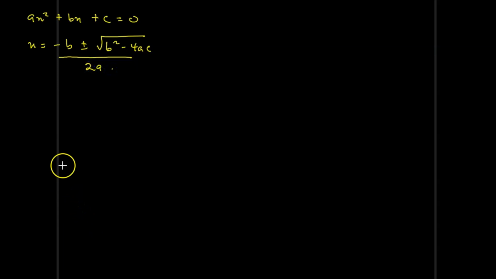So someone may ask, how was this rule deduced? And that is what I'm going to show you right now, so that we also know how to apply it and when to apply it as well.